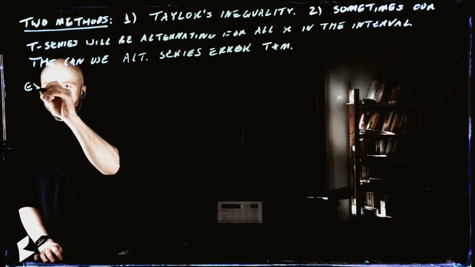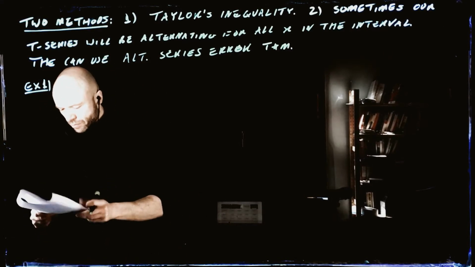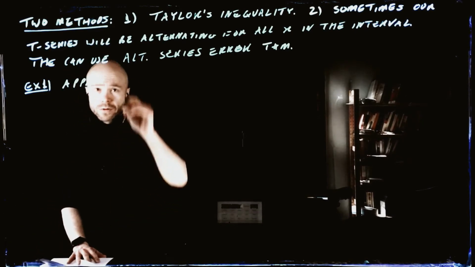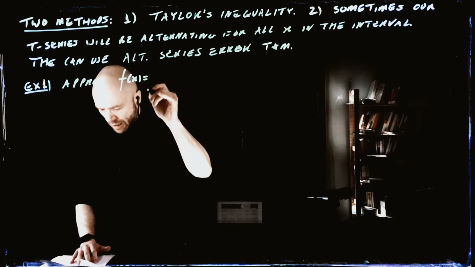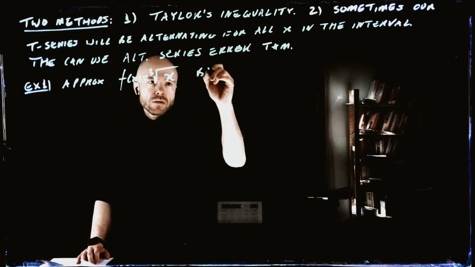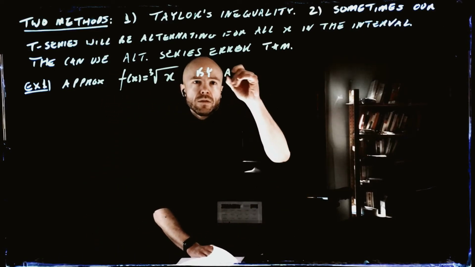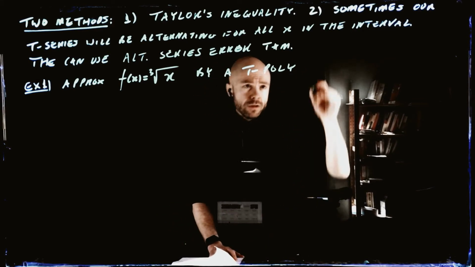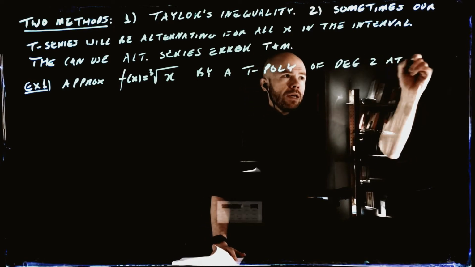So the first example is this one. Approximate the function f(x) equals the third root of x by a Taylor polynomial, T2, of degree 2 at a equals 8.